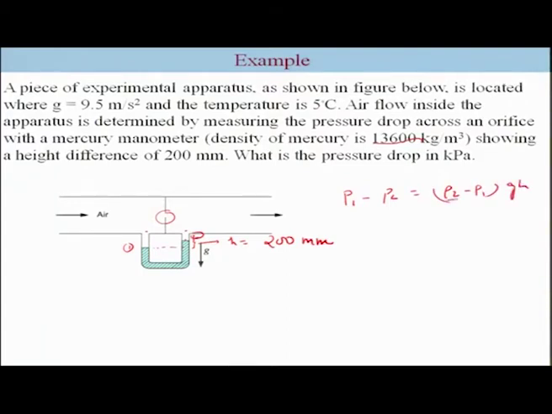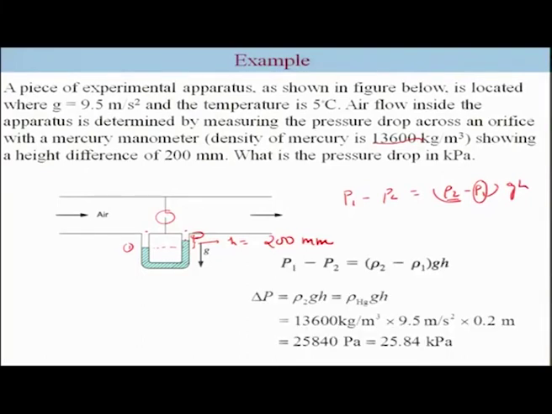Rho 2 is of course the density of the mercury, rho 1 is density of the air. Now, this we can ignore also because 13,600 minus 1.2 is going to be negligible. So, for engineering approximation we can simply write rho Hg GH and this comes out to be this value.